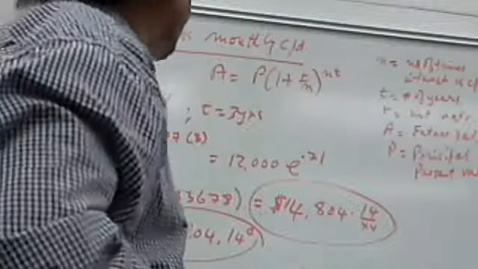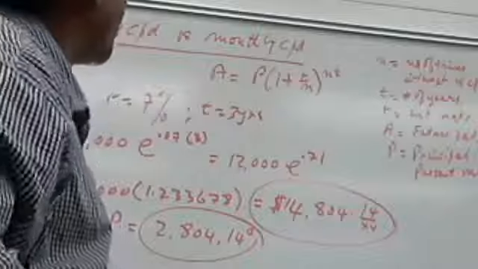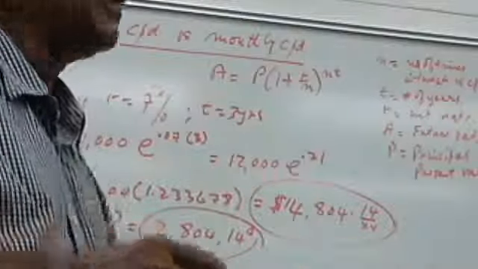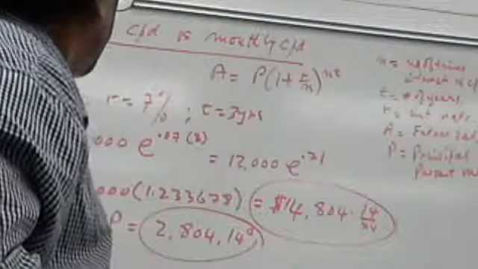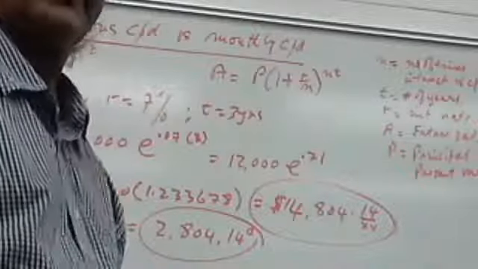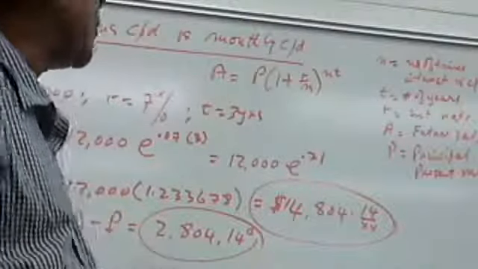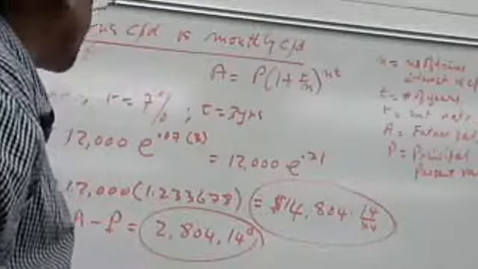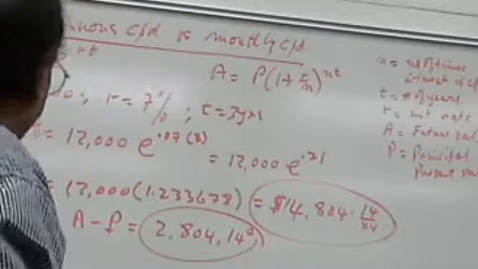Let's go ahead then and do the same problem using compounding 12 times per year for 3 years. Same time, same principal, same percent. The only difference is that we are compounding it 12 times per year on a monthly basis.